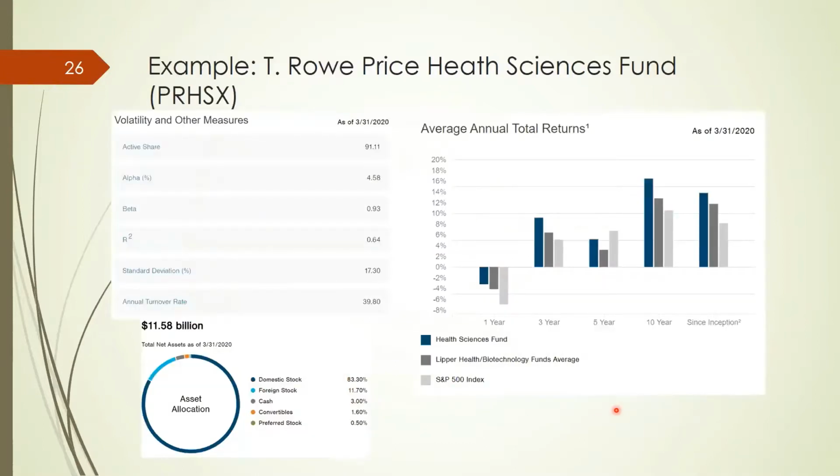As an example of how this active share is used, you can see that for the same portfolio we introduced previously, the T. Rowe Price Health Sciences Fund, T. Rowe Price reports a lot of performance metrics: alpha, beta, R-squared, standard deviation, turnover, and it also reports the active share at the very top, which shows the prominence of this measure nowadays.